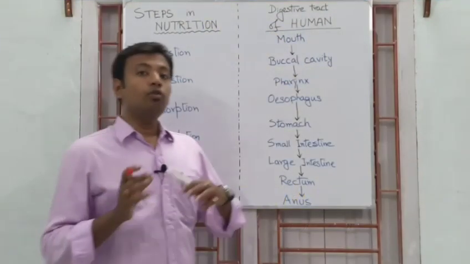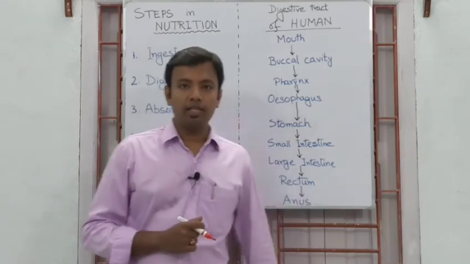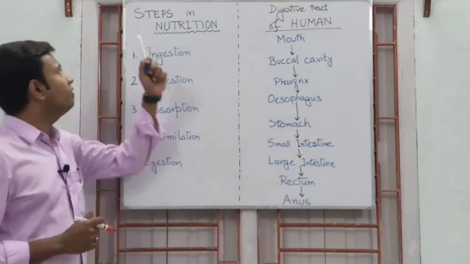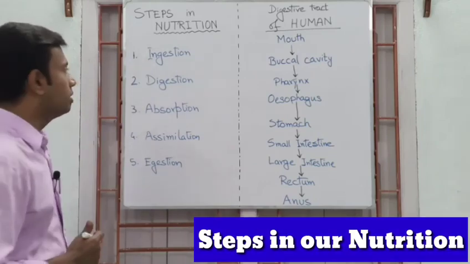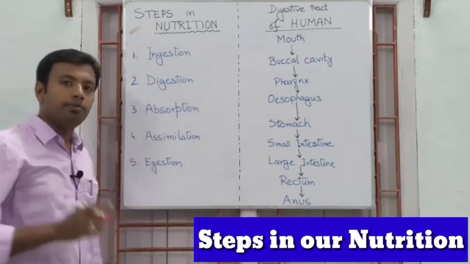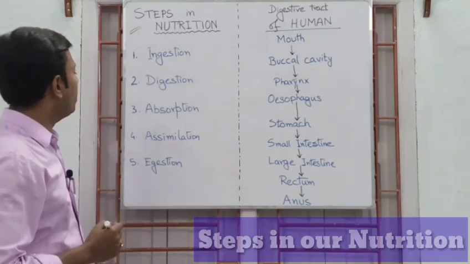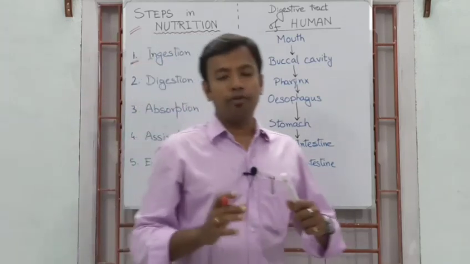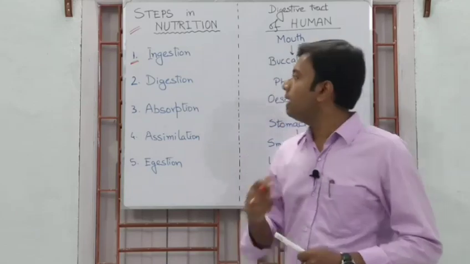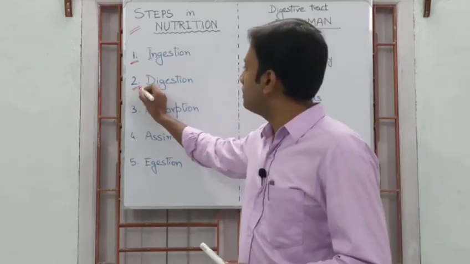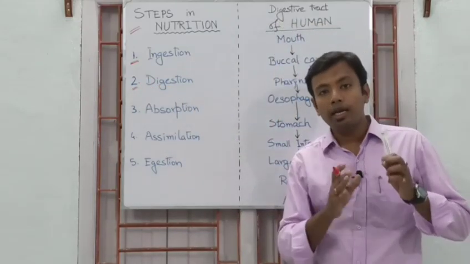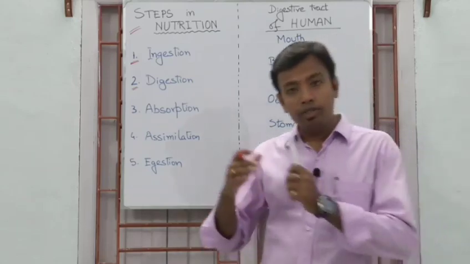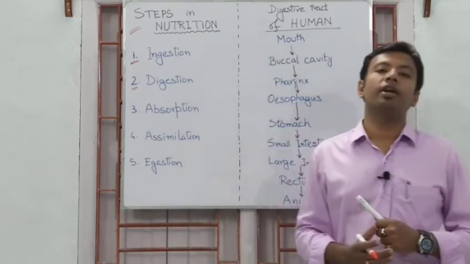So guys, prior to knowing about the detailed mechanism of our digestion, we need to know about the different steps in our nutrition. The first step is ingestion, that is intake of food from an external source. Our next step in nutrition is digestion, that is breakdown of complex food into simpler form with the help of different enzymes.